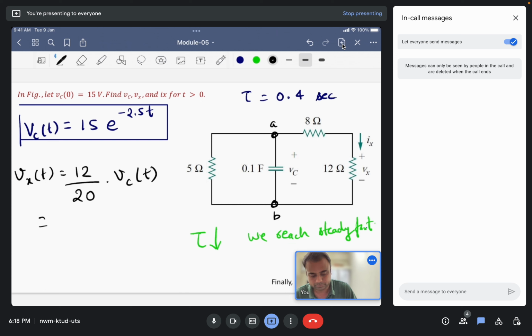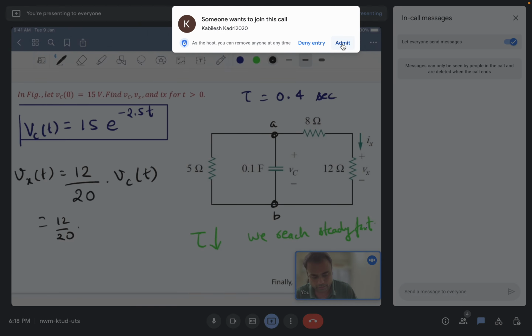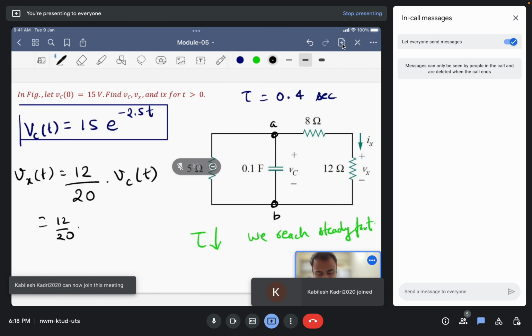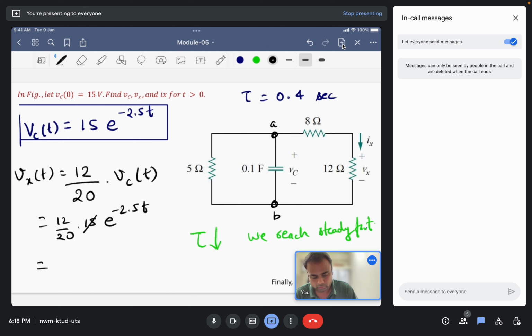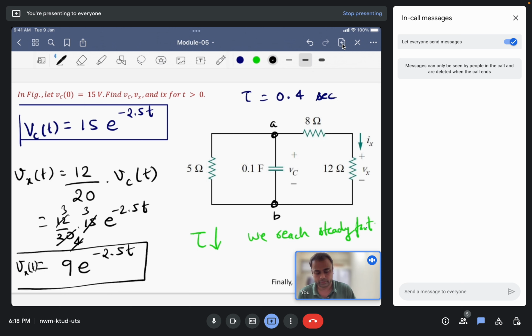So this will become 12 by 20, and Vc(t) is 15 e to the power minus 2.5 t. So this will become 3 fours are 12, 3 fives are 15, so 9 e to the power minus 2.5 t. So Vx, the voltage drop across the 12 ohm resistor, has also been calculated here, that is 9 e to the power minus 2.5 t.